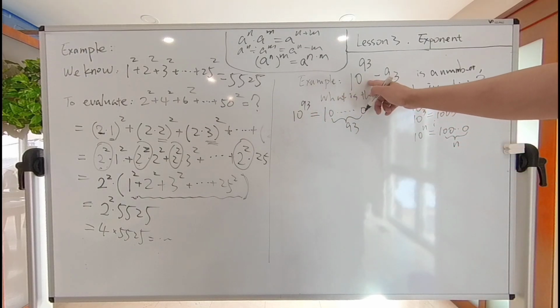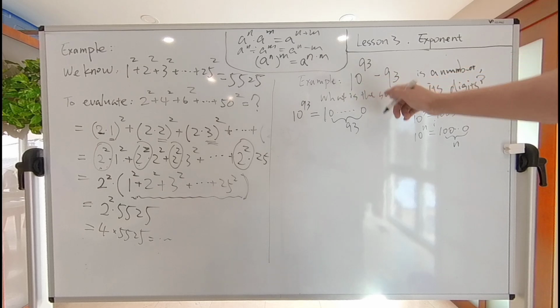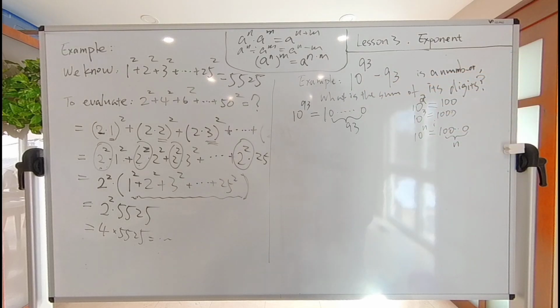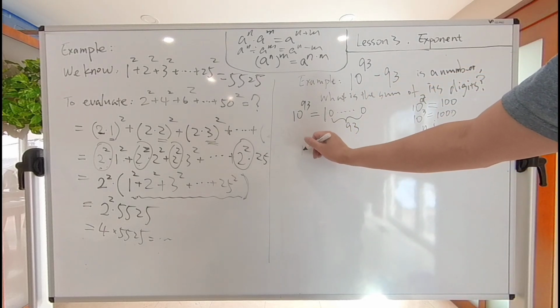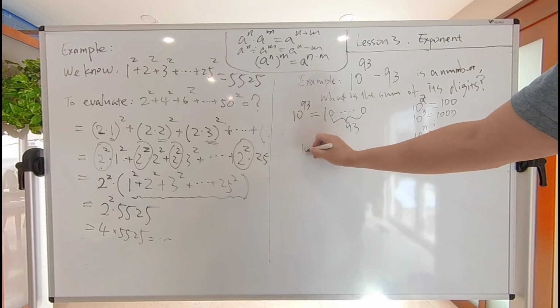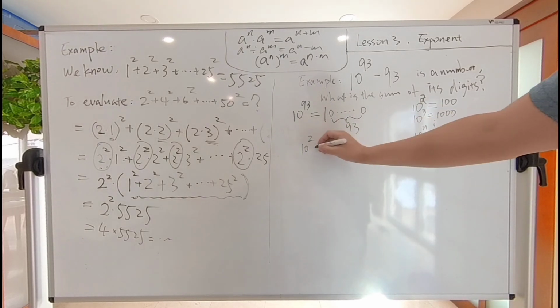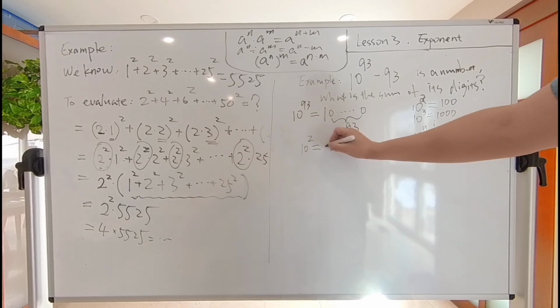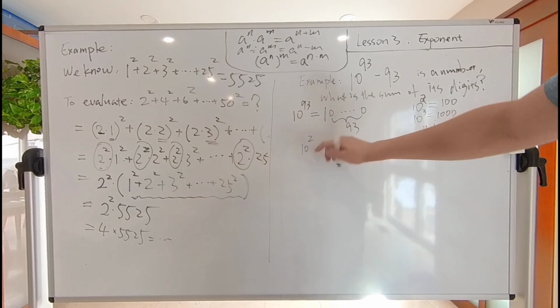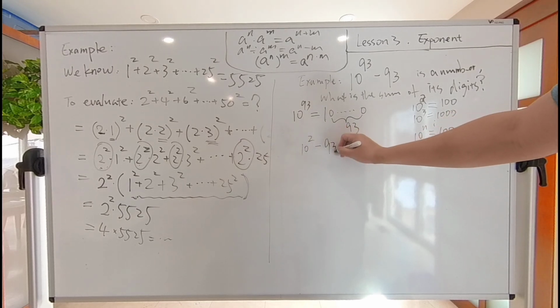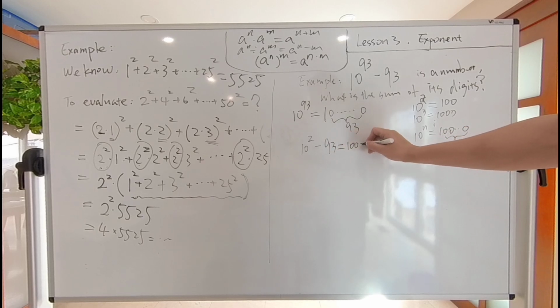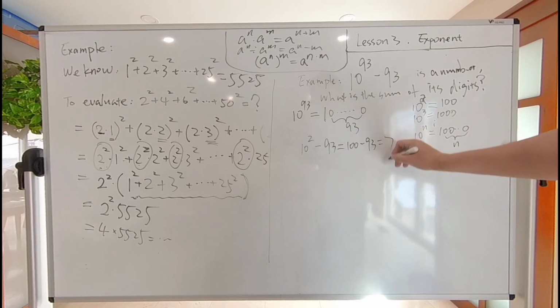And what's the result of this number minus another 93? Let's start from the easier case. If I have 10 squared minus 93, this is 100 minus 93, this is 7, right?